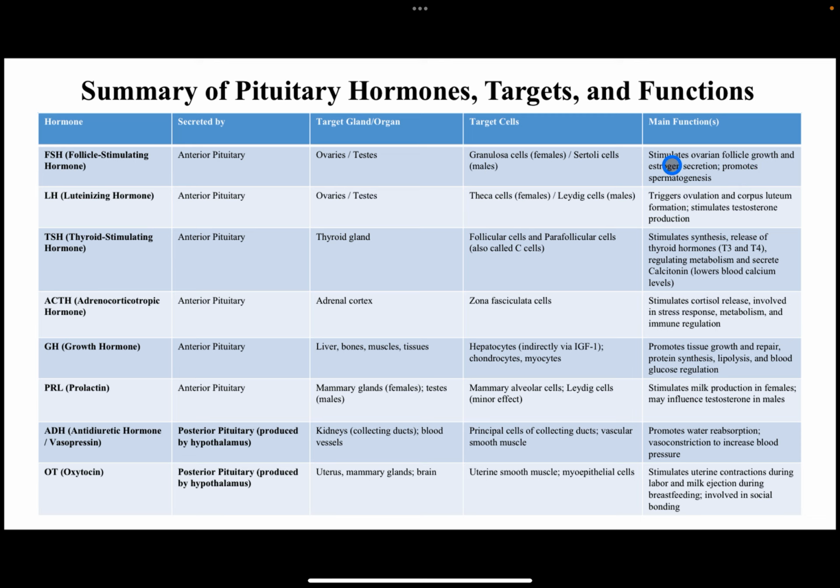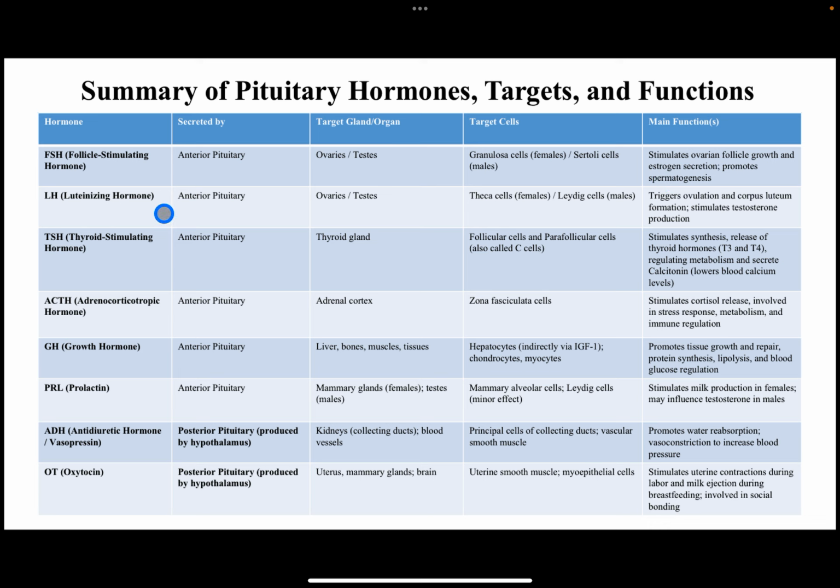So if it stimulates the ovaries and activates the granulosa cells into action, it stimulates ovarian follicular growth and estrogen secretion. But when it targets the testis and stimulates the activity of the Sertoli cells in the testis, it is going to promote spermatogenesis.